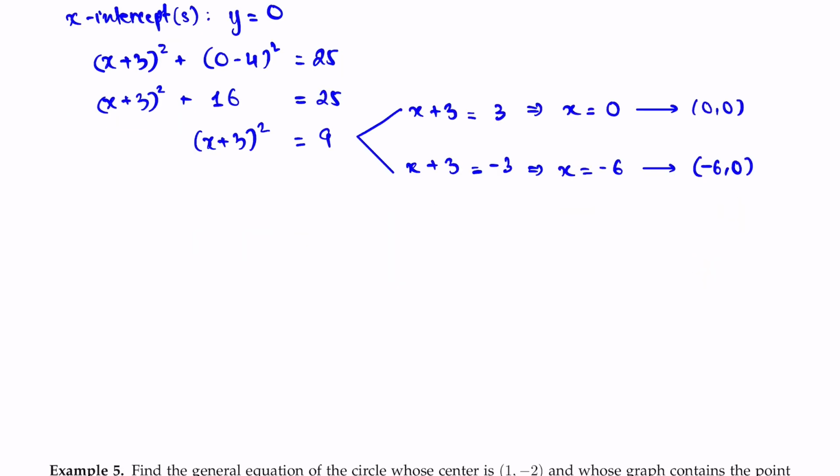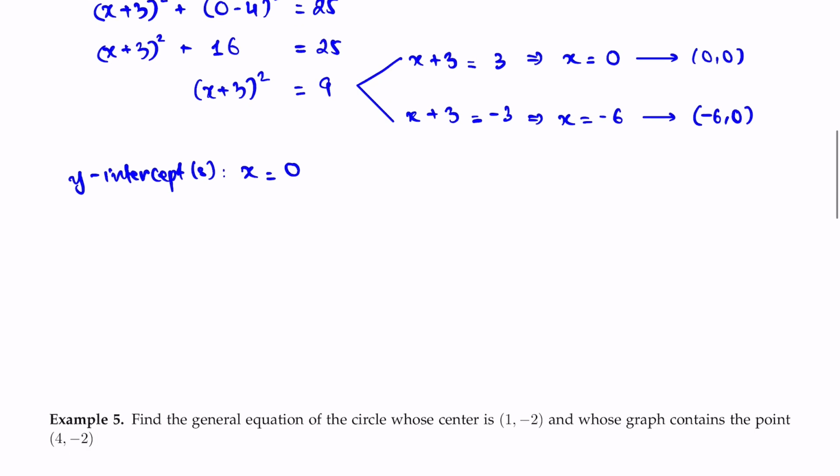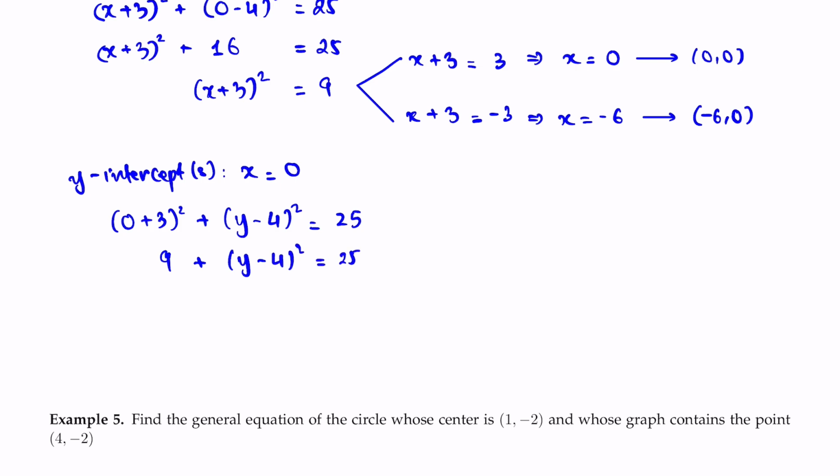Now for the y-intercepts, you have x equal to 0. Substitute x equal to 0 into the given equation. You get (0 plus 3) squared plus (y minus 4) squared equal to 25. You get 9 plus (y minus 4) squared equal to 25. Then I'm going to move 9 to the right-hand side and I get (y minus 4) squared equal to 16.